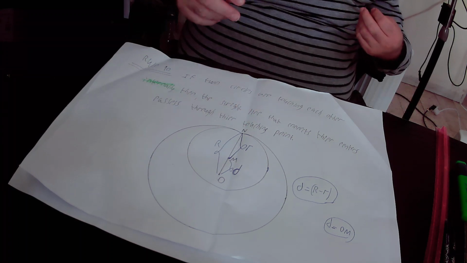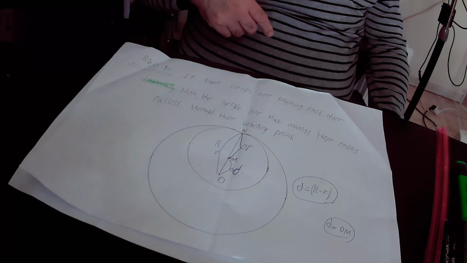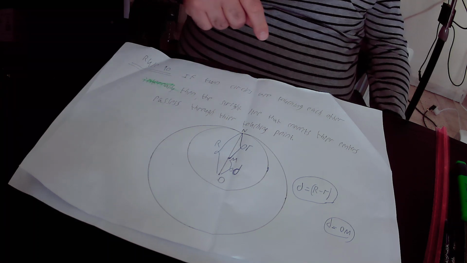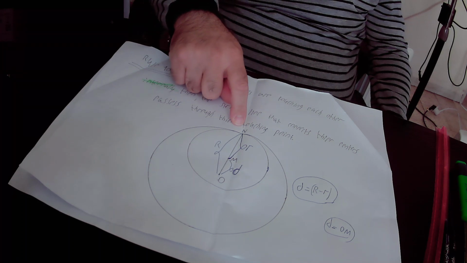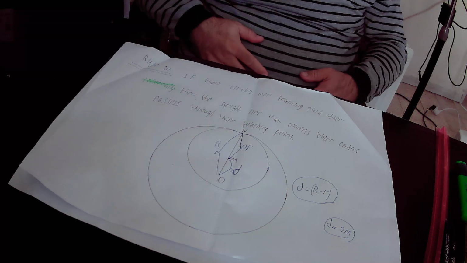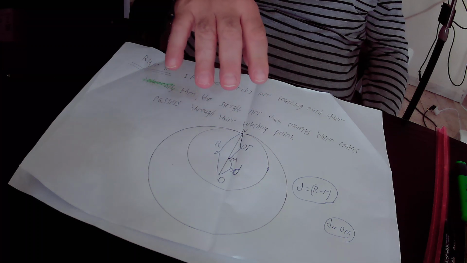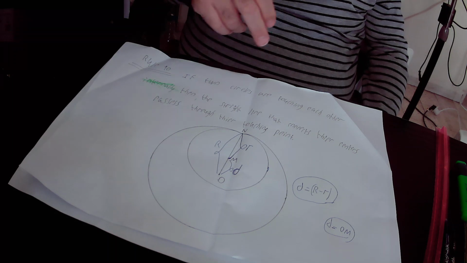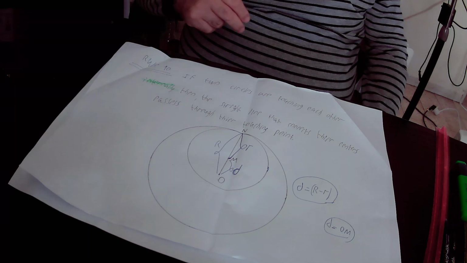And because the small circle is located inside the big circle, it is defined as internal touching. They are touching each other internally at point N. Why? Because this small circle is located inside the big circle.